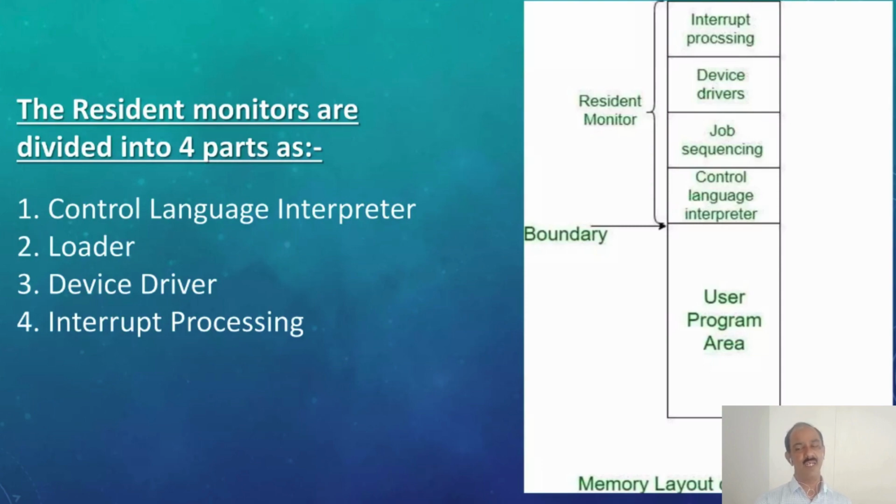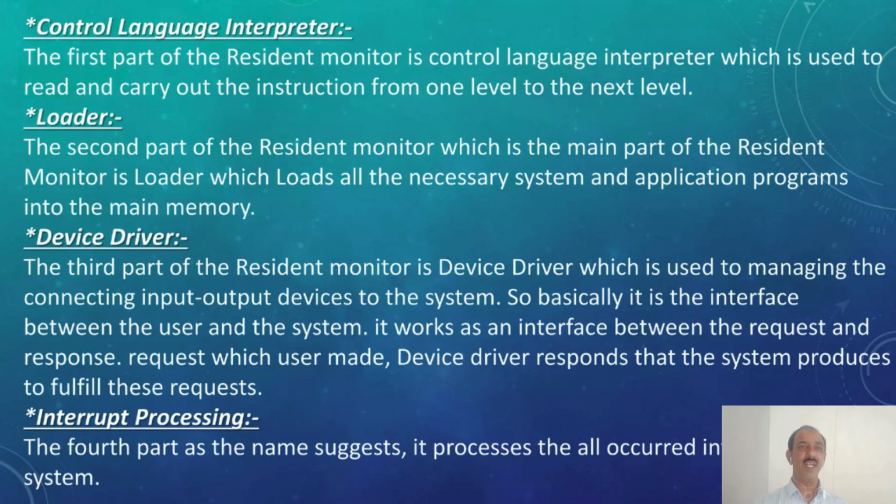Now the resident monitor is divided into four parts. One is the control language interpreter, second is the loader, third is the device driver, and fourth is job scheduling. So the control language interpreter, loader, device driver, and job scheduling come in the resident monitor, and there is a boundary.